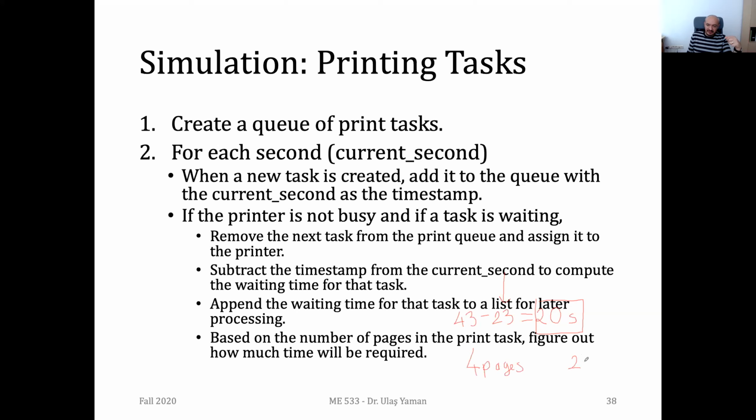If the printer has a property of 2 pages per minute, how many seconds are we going to spend for the printing operation? 2 pages are processed in a minute, so 4 pages will be processed in 120 seconds. Then that will be our printing time. This is the printing time, and this was the waiting time.